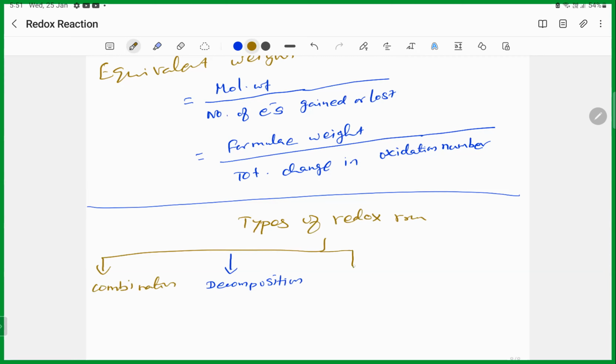Number three, displacement reaction. Then number four, disproportionation.